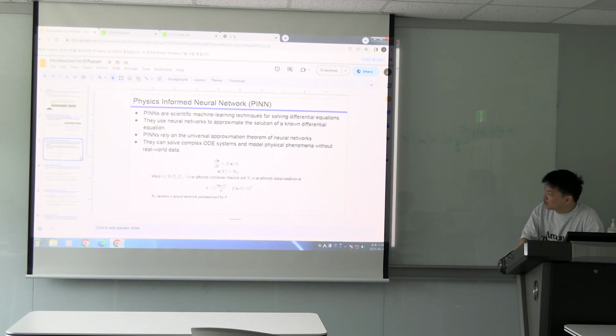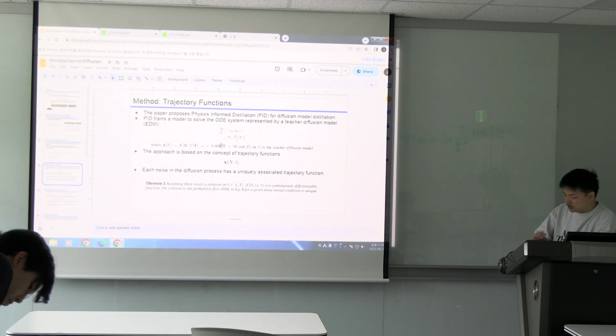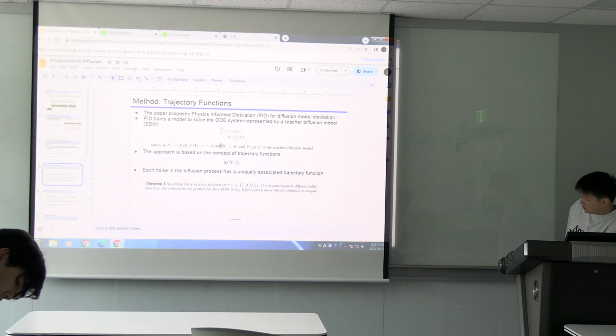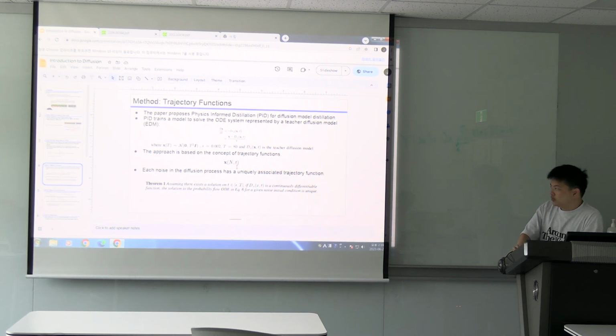With that in mind, since diffusion models can be represented by this ODE system, and since they are Lipschitz continuous, they have a unique trajectory function, x_n of t, where n is the initial condition and t is the arbitrary time.